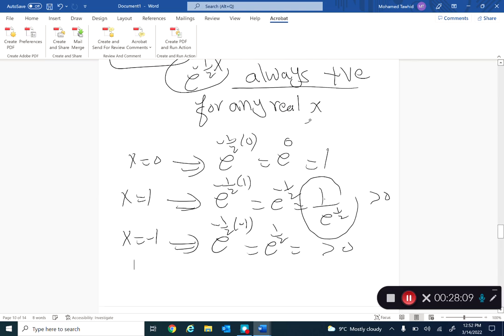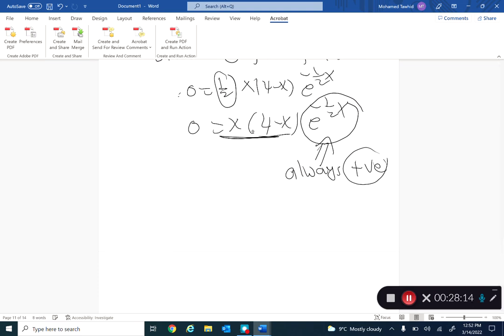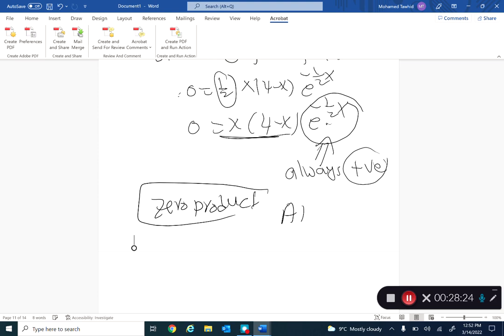It's always positive. Then what you have is a bracket, and you have a product equal to 0. Let me recall the zero product property. I have a multiplied by b multiplied by c equals 0. Then a could be 0, or b could be 0, or c could be 0, or all of them could be 0.